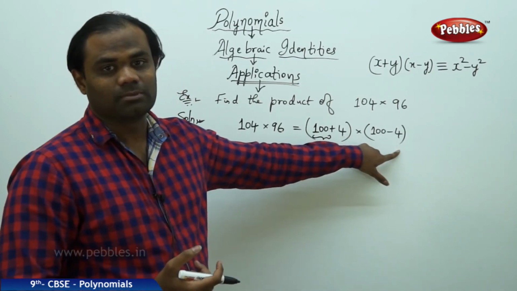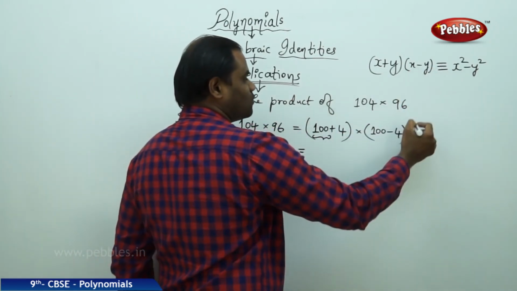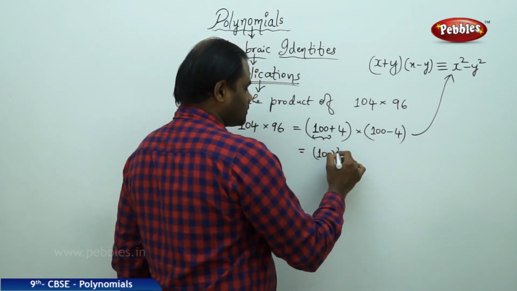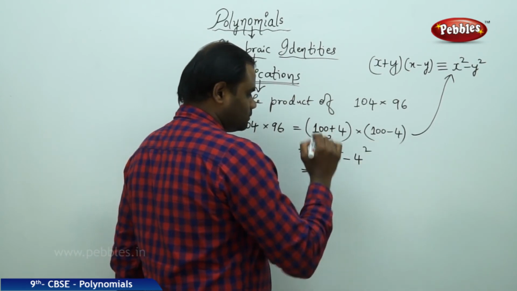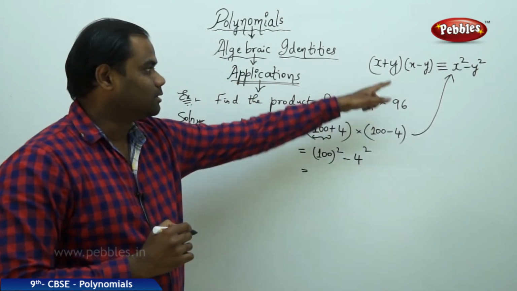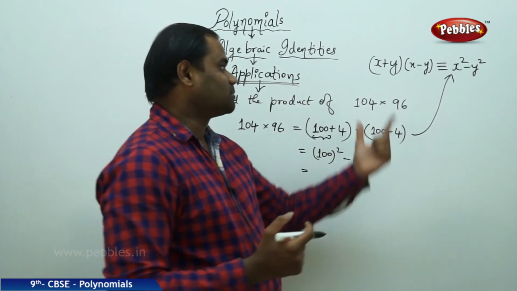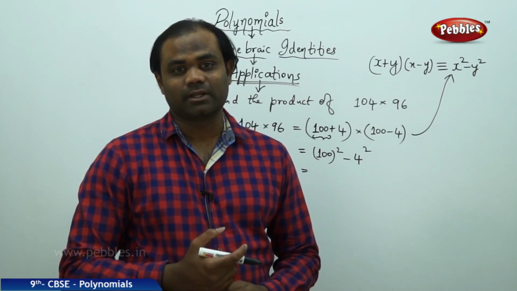Therefore, I get this to be a plus b times a minus b. Using this formula, I get 100 square minus 4 square, which is obtained through the algebraic identity x plus y times x minus y is identically equal to x square minus y square.